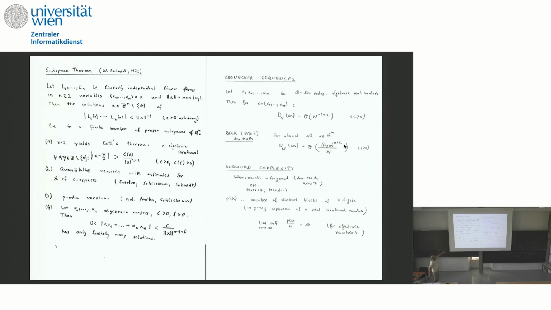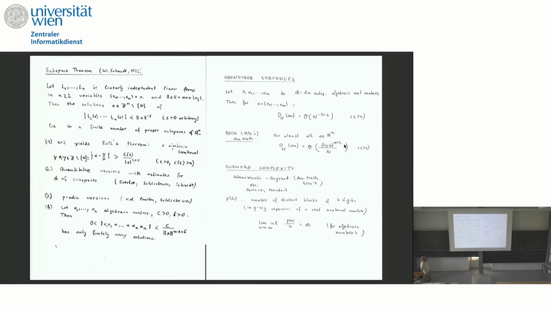So this is really a very, very heavy tool, and it is of a very general shape. It can also be extended by replacing the Archimedean absolute value by p-adic absolute values.